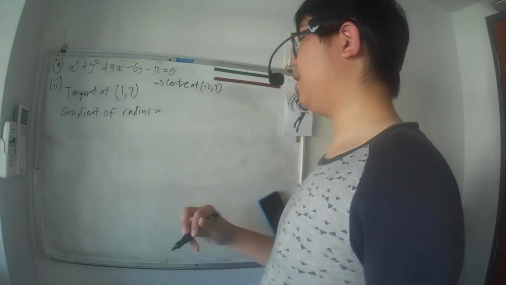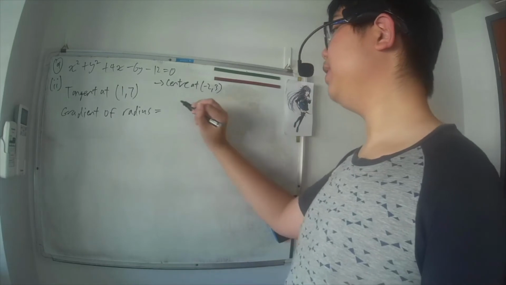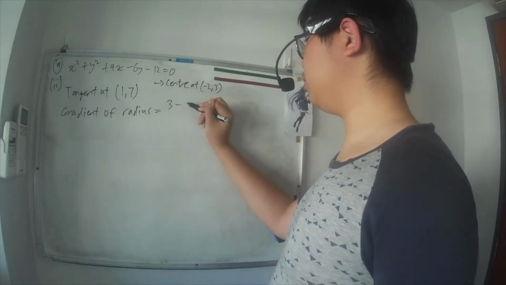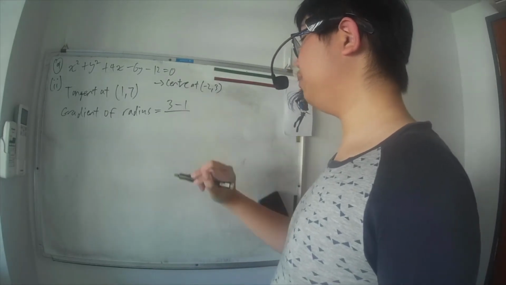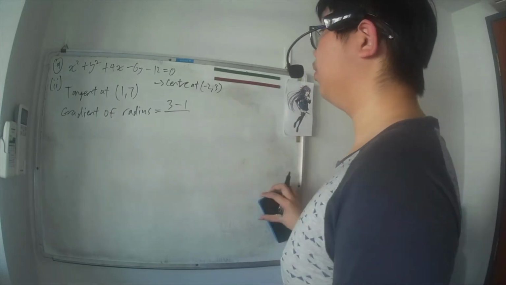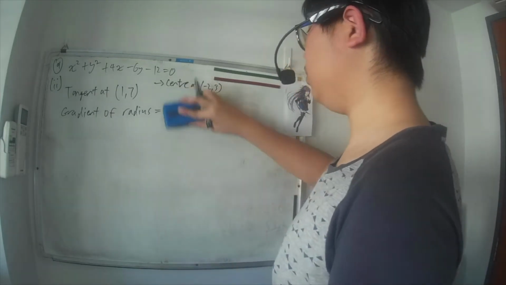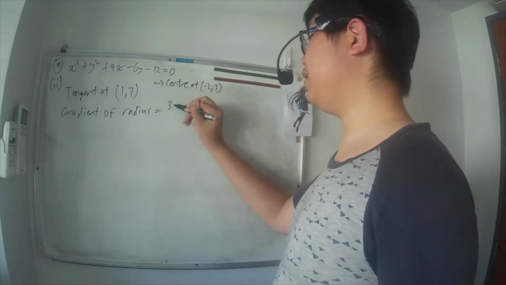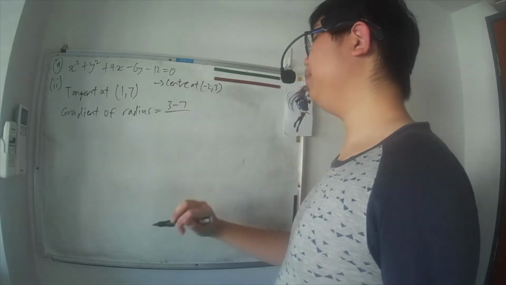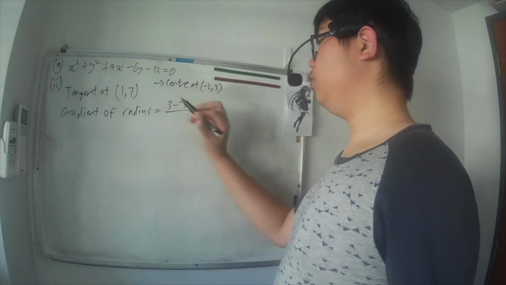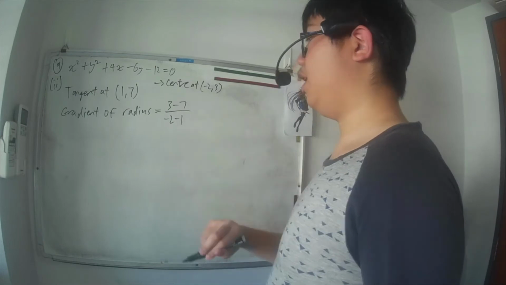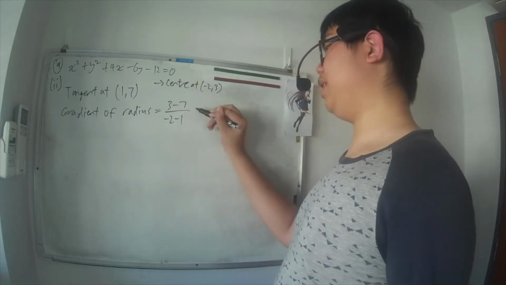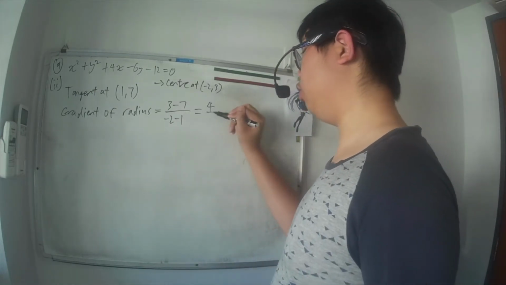So y2 minus y1 over x2 minus x1: 3 minus 7 over -2 minus 1, and this is -4 over -3, positive 4 over 3.